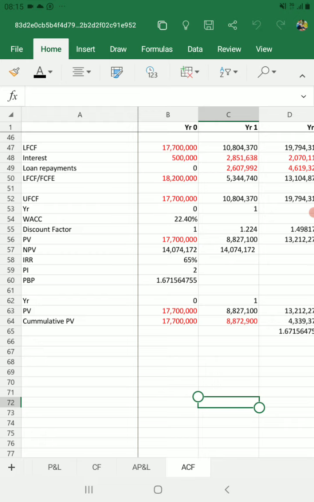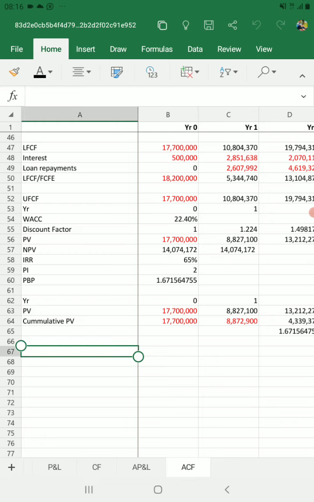In that situation, IRR may produce multiple IRRs instead of one. The modified internal rate of return addresses this, where you will only have one internal rate of return. So let us see how the modified internal rate of return is done. First, we compute it manually, and then we will use the Excel formula.